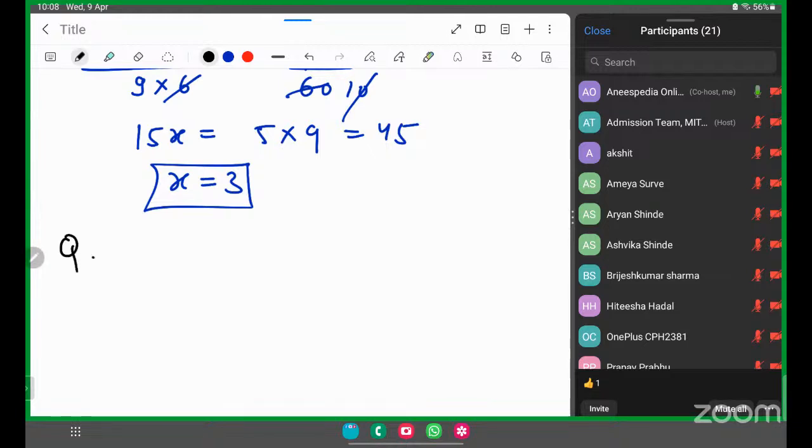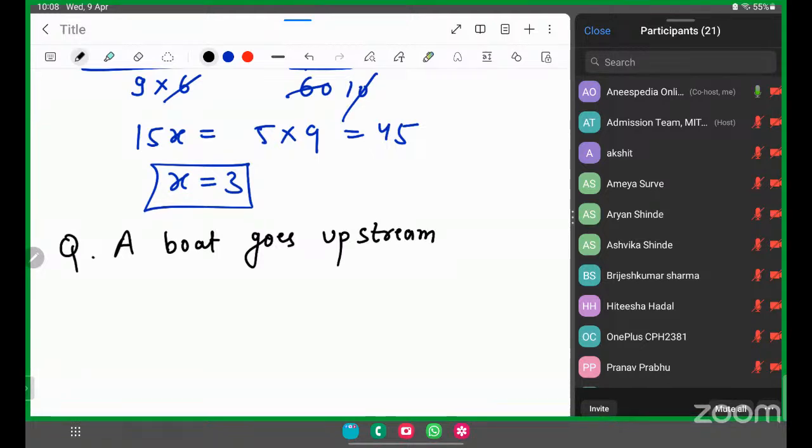Next question, again same question. A boat goes 8 kilometer upstream and then returns.